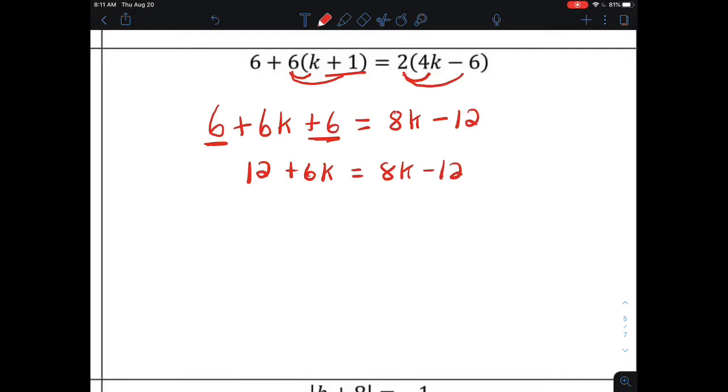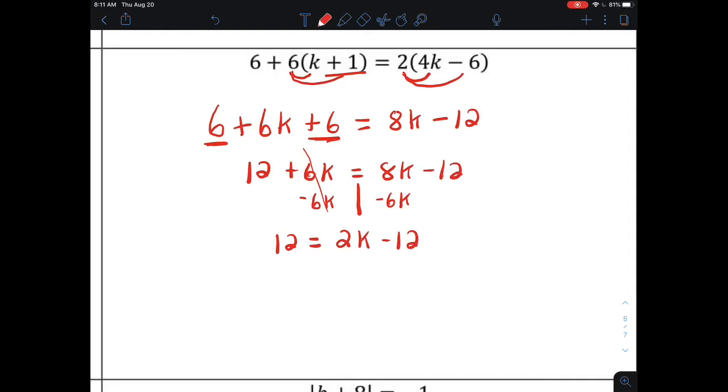Again, it doesn't matter. For this problem, to avoid having a negative coefficient in front of k, which really doesn't matter, I'm going to move this 6k to the right-hand side. So I'm going to subtract 6k from both sides. Means that all that's left on my left is going to be a 12. 8k minus 6k is positive 2k, and then minus 12.